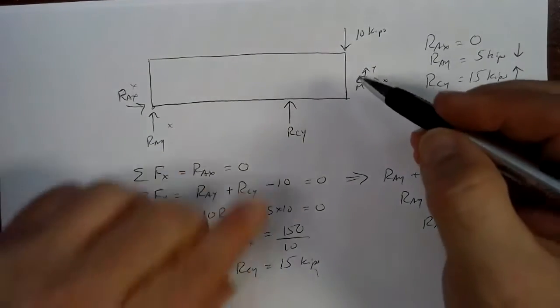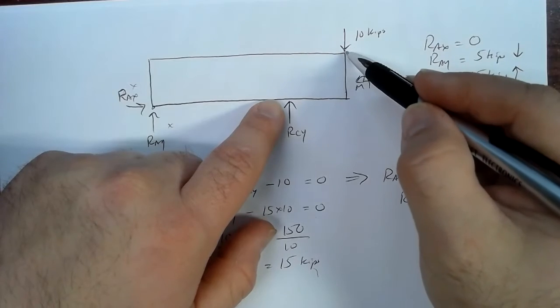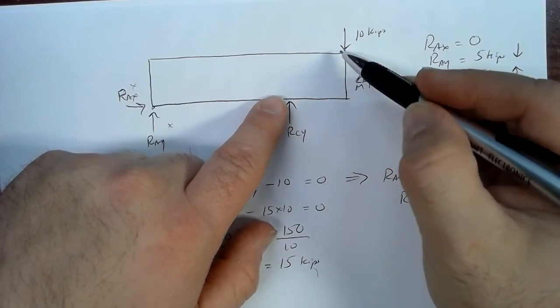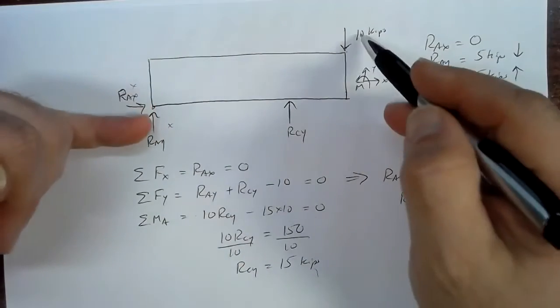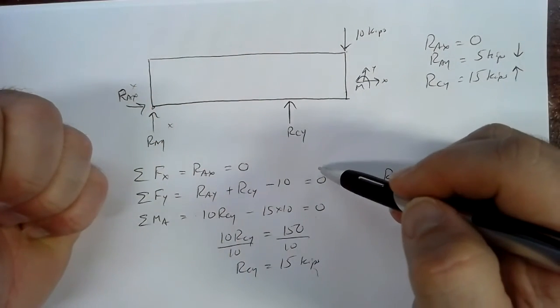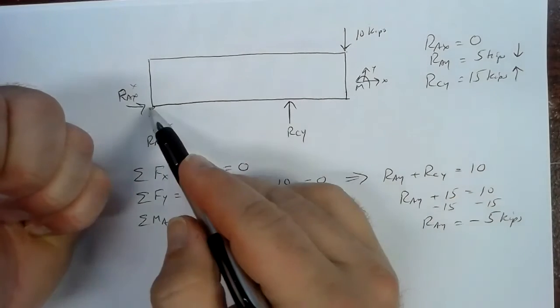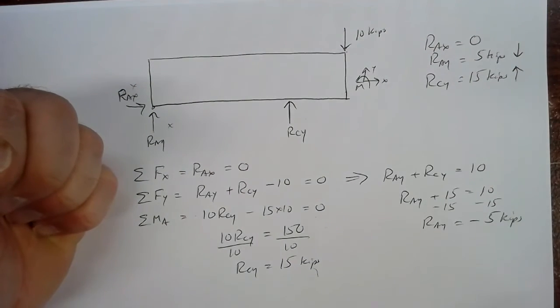And that's happening because everything's trying to pivot around joint C. We put 10,000 pounds over here on this cantilevered section. It's going to try to rotate the whole structure clockwise around C. It's so much force that we need to pull down with A. But because A is so far away, we don't need that same 10 kips force. We only need 5 kips.